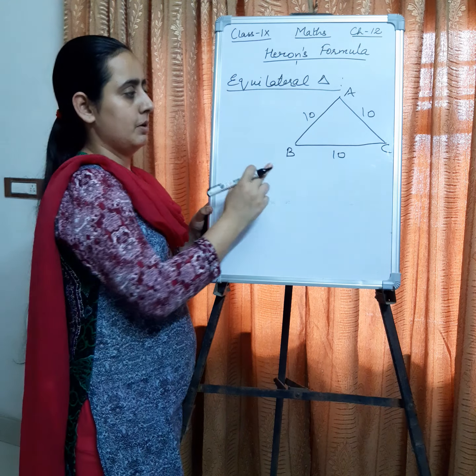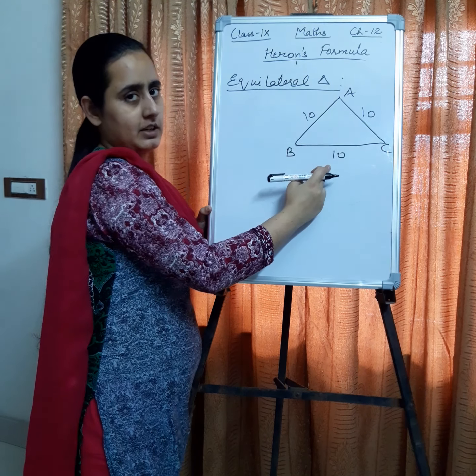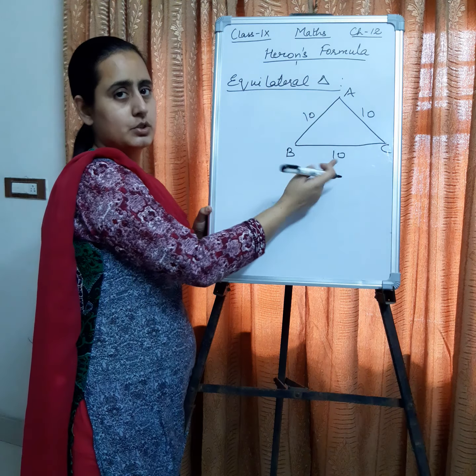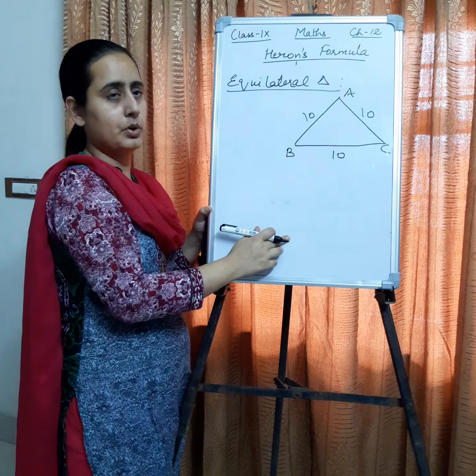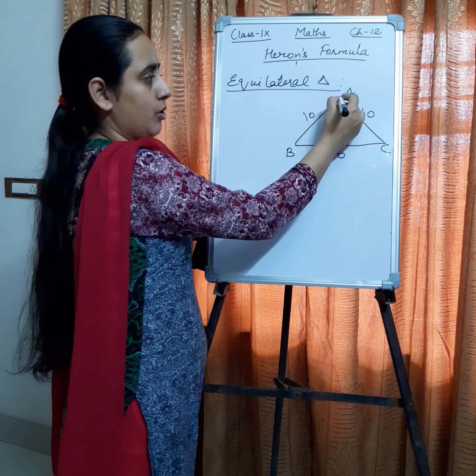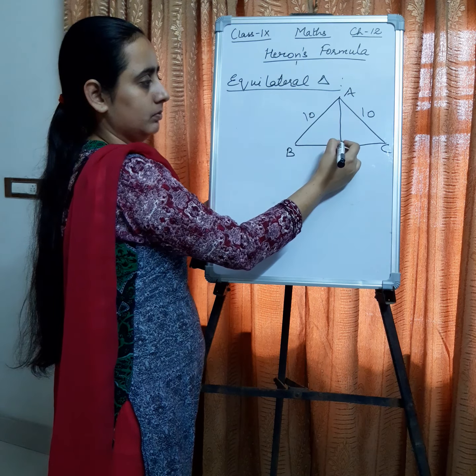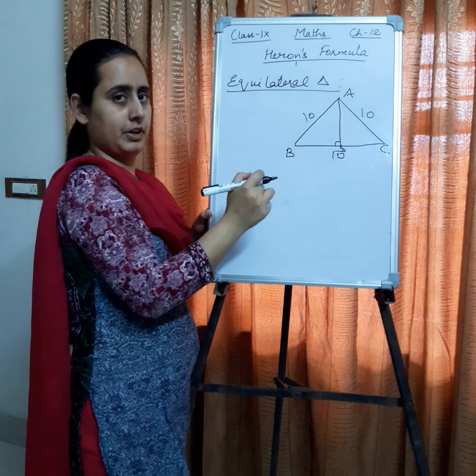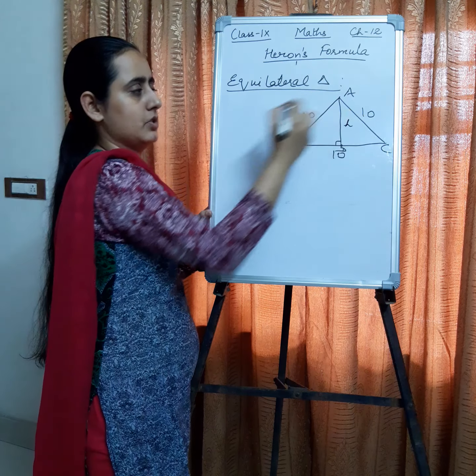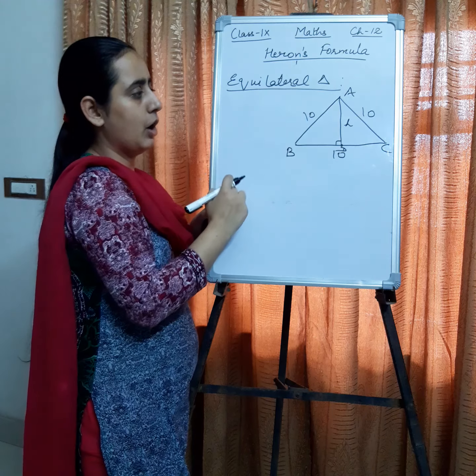See, base I have, 10 centimeter, but height, which is called perpendicular, I don't have. So we need to draw the perpendicular first. Suppose this point is D. So basically we want the value of AD. Suppose this is H. Now how can we find it?